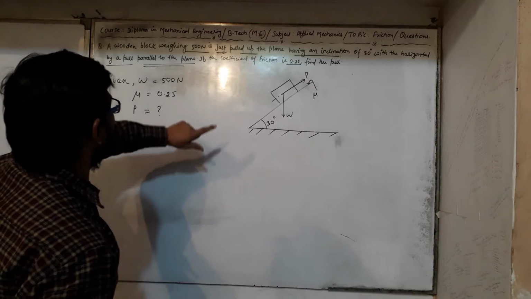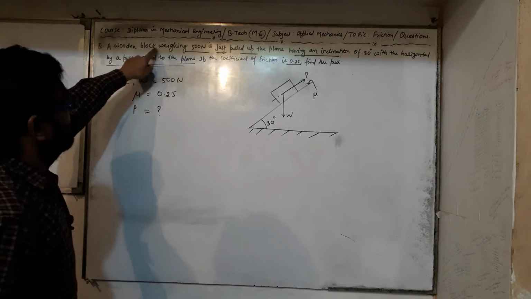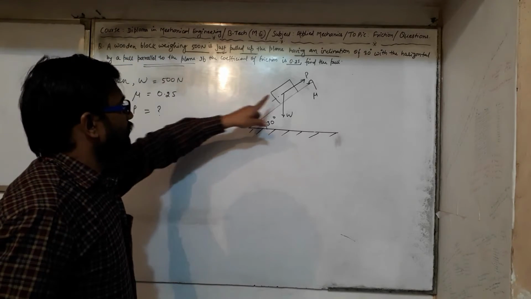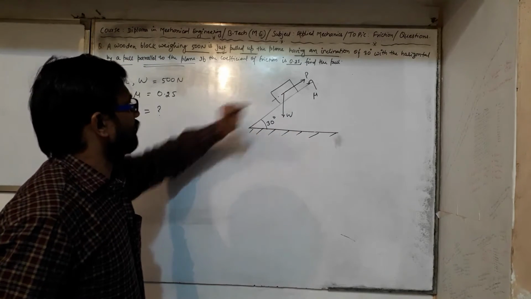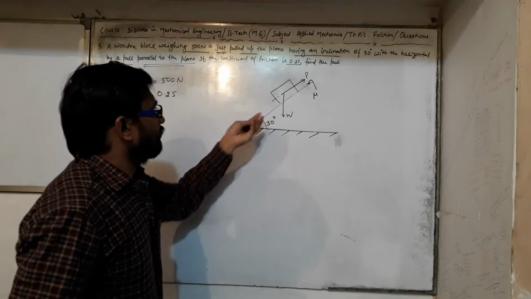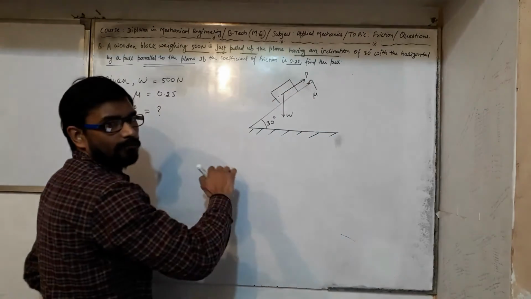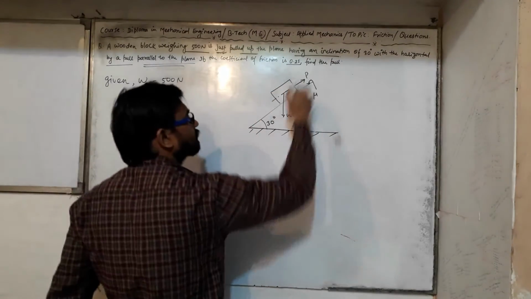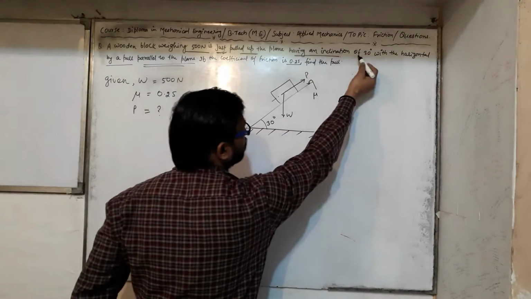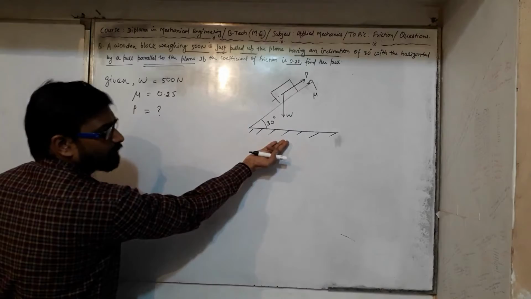Once again, let me read the question. A wooden block weighing 500 Newton. This is the wooden block. Now it is just pulled up the plane. Along the plane, this amount of force is acting on the wooden block so that the block could just be pulled up, with an inclination of this inclined plane of 30 degrees with respect to the horizontal.